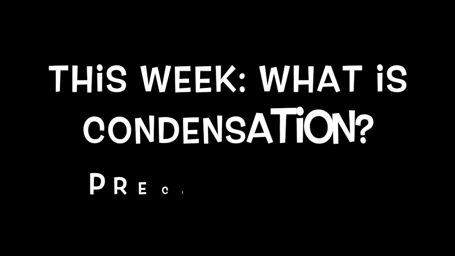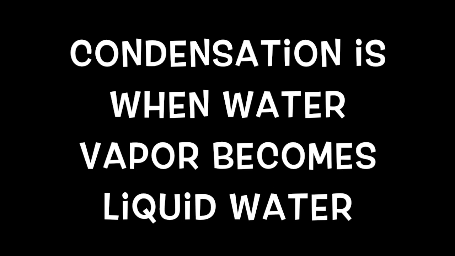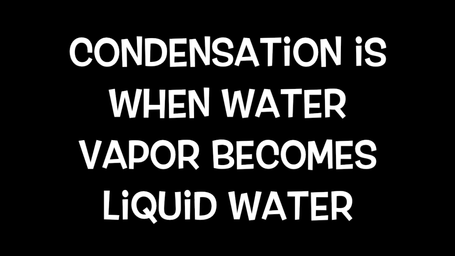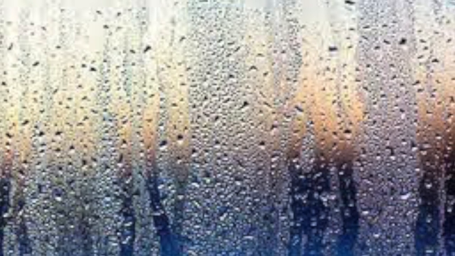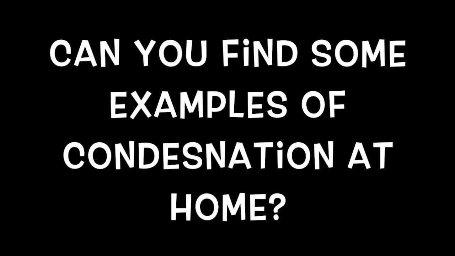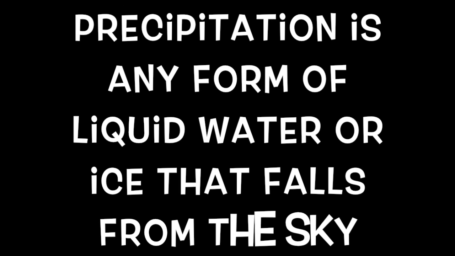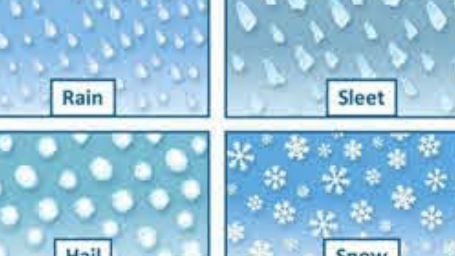This week, what is condensation and precipitation? Condensation is when water vapor becomes liquid water, like when you see water on a window. Can you find some examples of condensation at home? Precipitation is any form of liquid that falls from the sky.